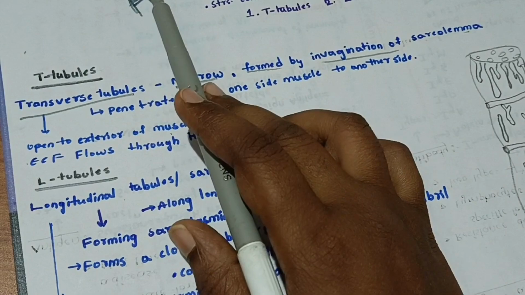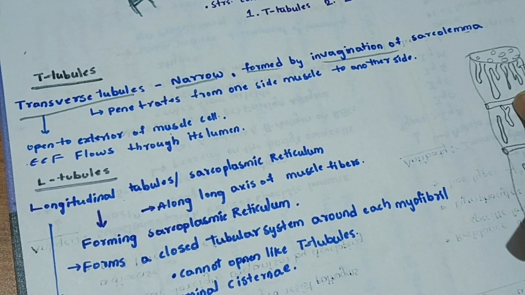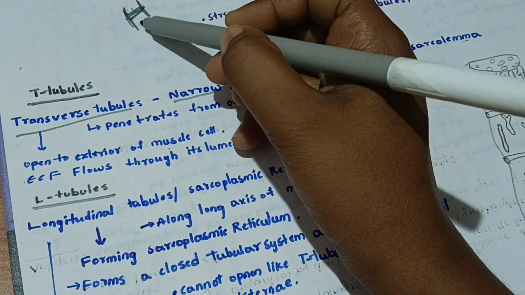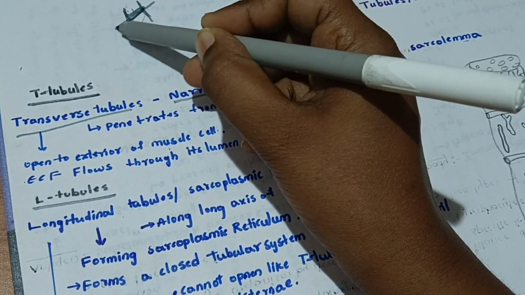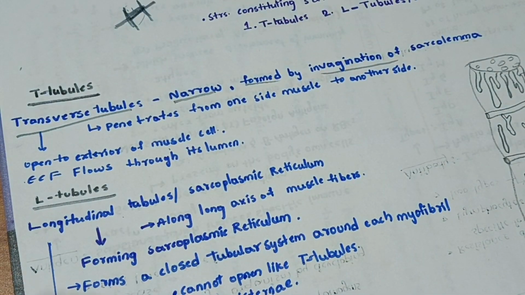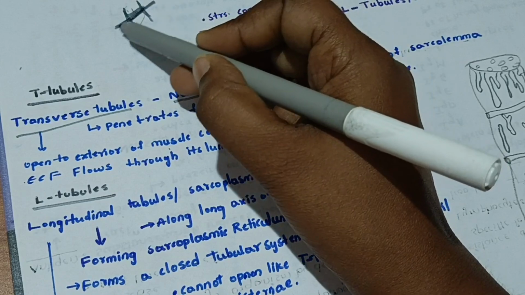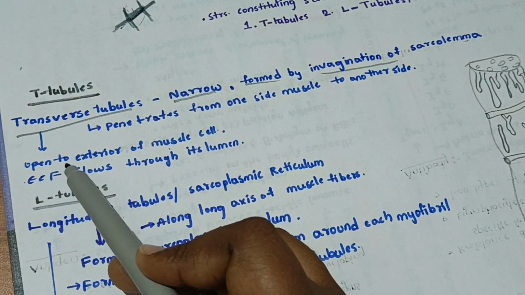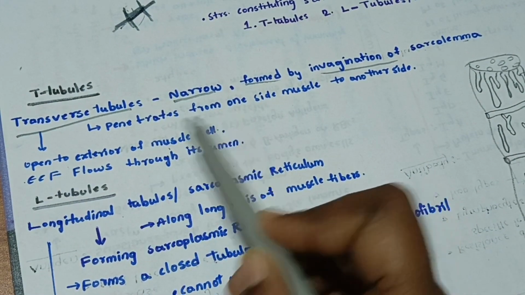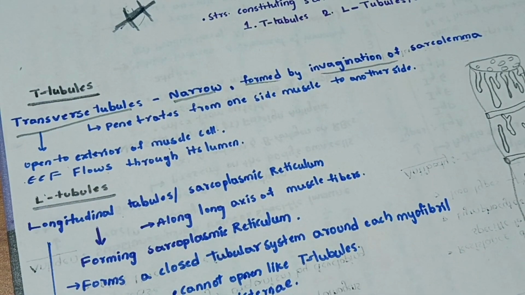The muscle fiber is a cell, so the extracellular fluid flows freely through this tubule, through the lumen of the T-tubule.